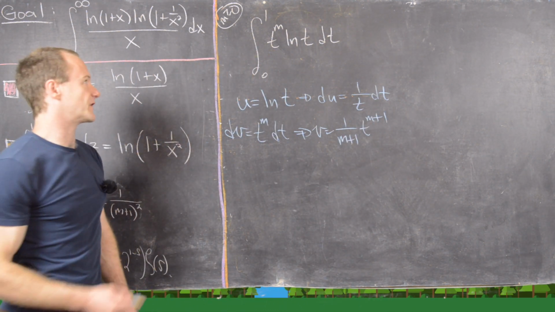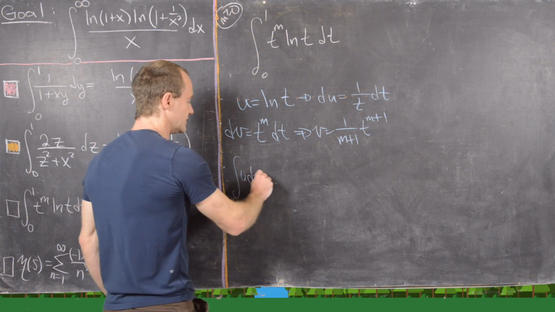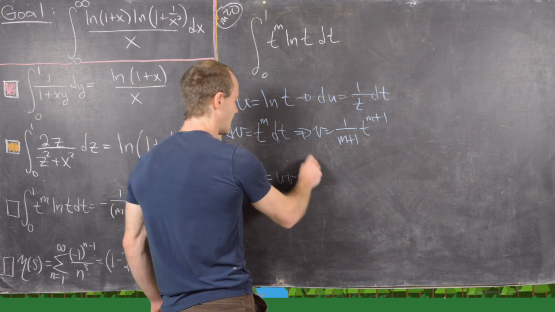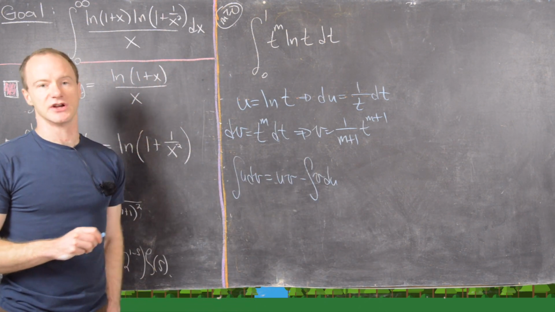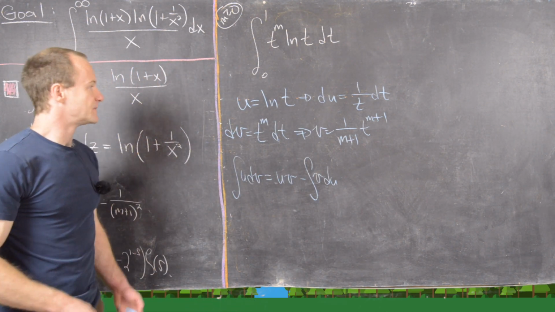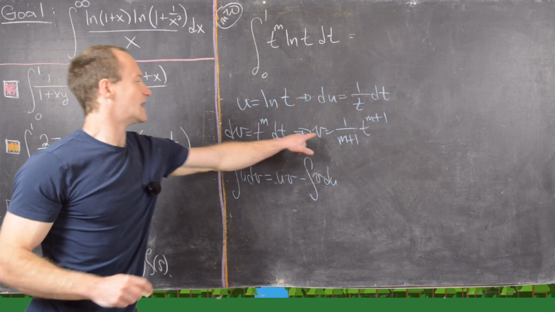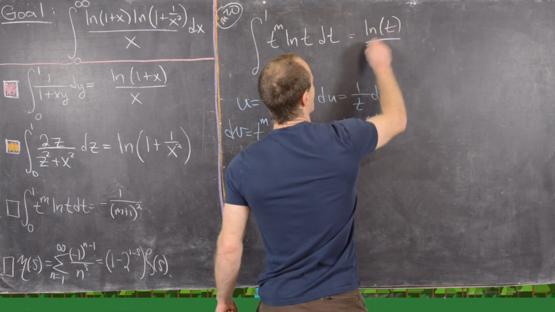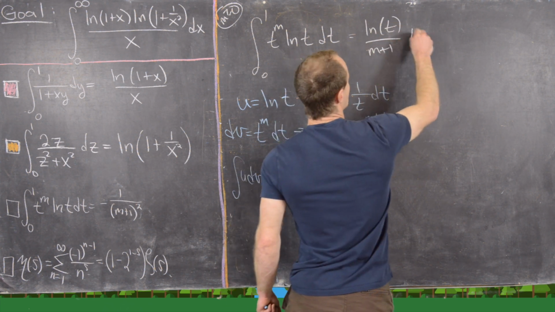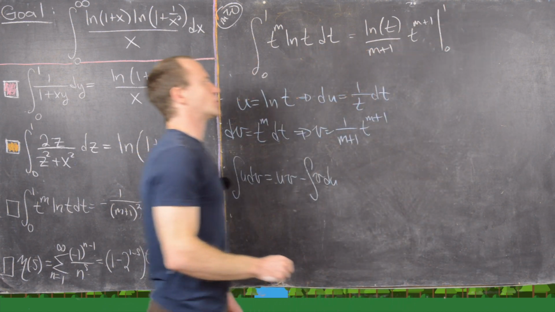Okay, perfect. Now if we recall our integration by parts formula, we have the integral of u dv is equal to uv minus the integral of v du, where we plug in the bounds of integration as appropriate. Okay, so let's see what we get from that. So we're going to get u times v, so that's going to be the natural log of t over m plus 1 times t to the m plus 1, evaluated from 0 to 1.